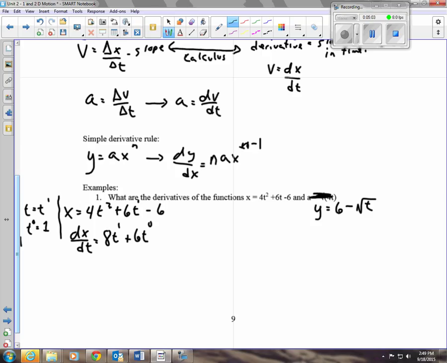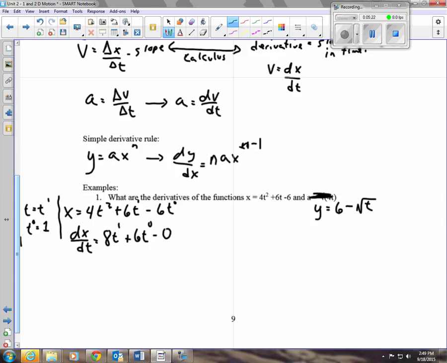Now, this is kind of like times t to the 0. 6 times 1 is 6. And when I multiply that 0 out front, I'm going to get 0. And that happens anytime you have a constant. When you take the derivative of the constant, it ends up being 0, and it cancels, so you don't have to worry about it anymore.